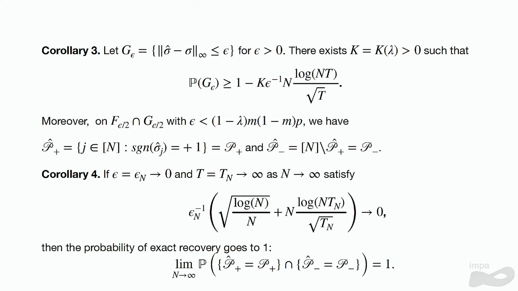And because I'm taking more time than expected, here I'm going to be very quick. By combining the bounds that we got for the expectations, we arrive at a sufficient condition to ensure that we can exactly recover the sets.